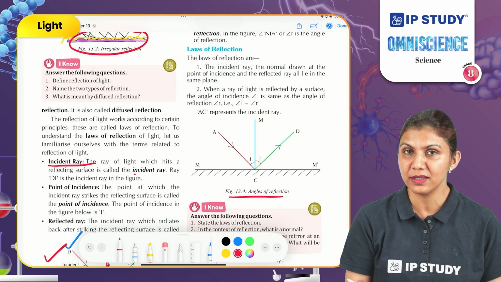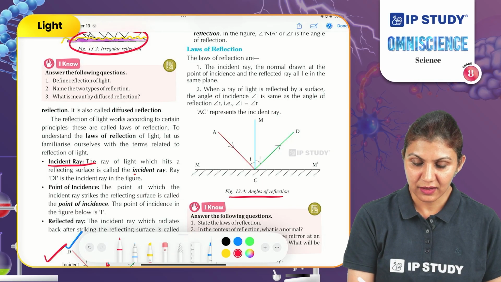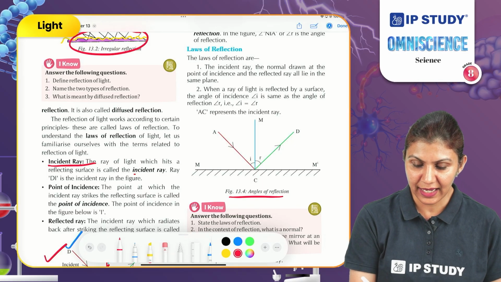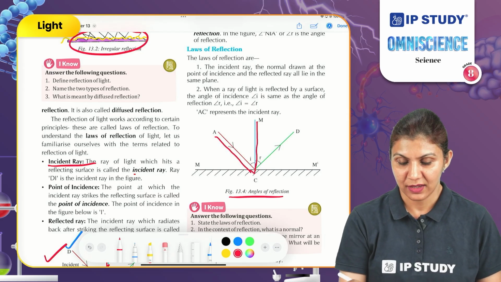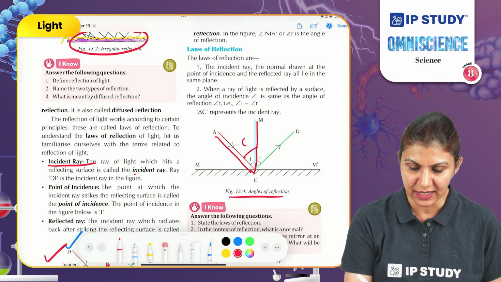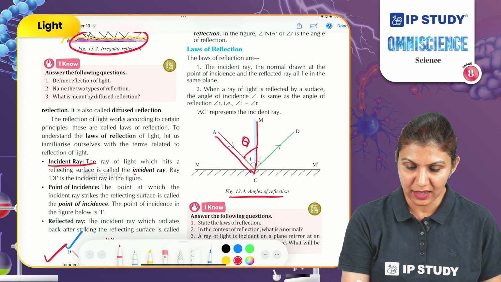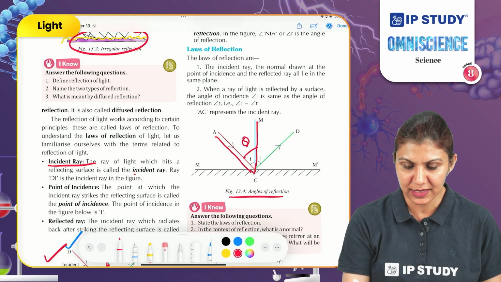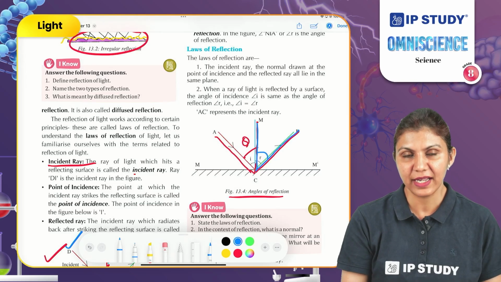Observe figure number 13.4. You will find that the angle AC and M, this angle is marked as angle of incidence. Suppose this is theta. And now mark the angle between M, C and D. You will find another angle.